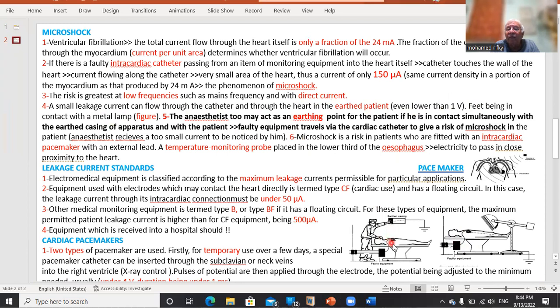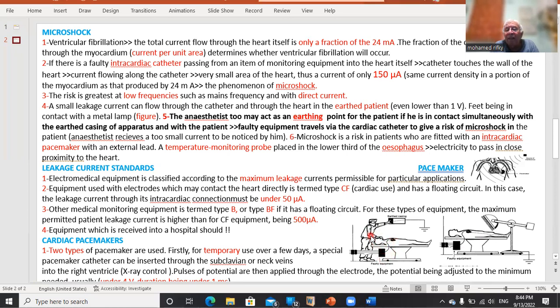This is a nice figure showing how the anesthetist can induce ventricular fibrillation in a patient accidentally. See, this is an electrical equipment where we use catheters. This catheter has been passed internally to the heart, and there is a fault in this apparatus.